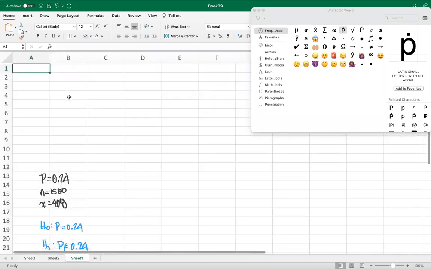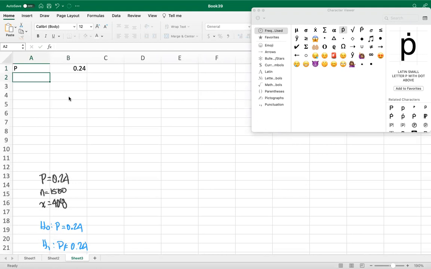Now keeping all of this organized, we stated that P was 0.24. Next, we have N equaling 1,500. We have X equaling 408.